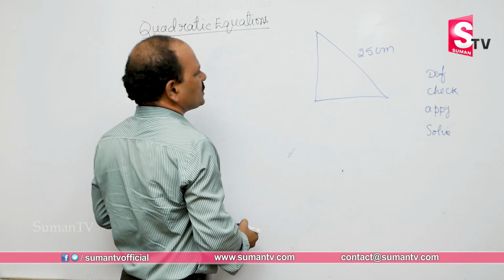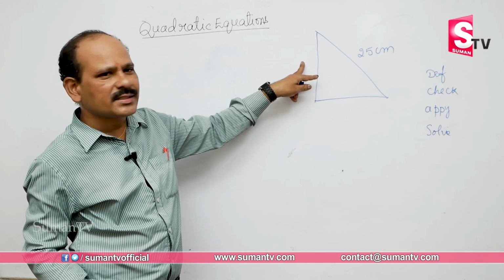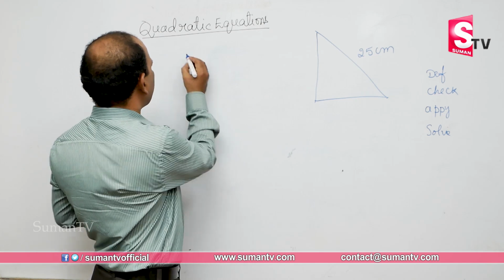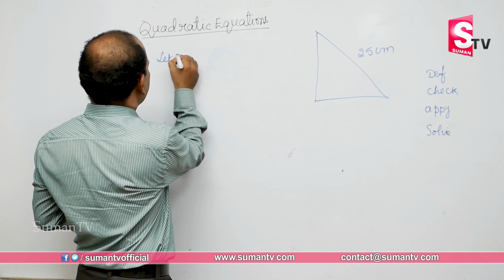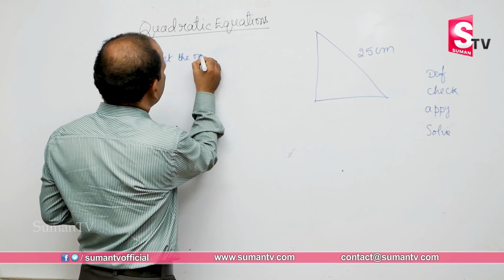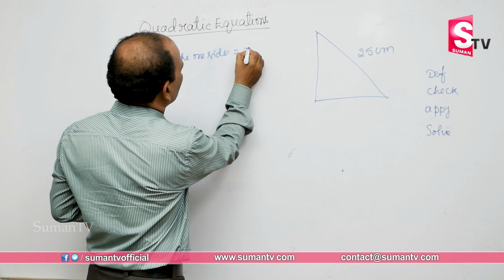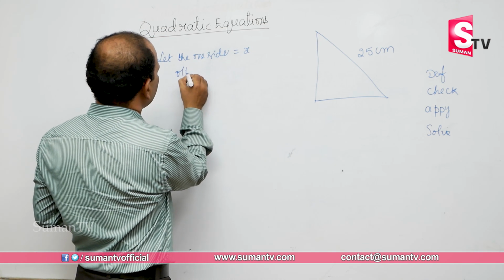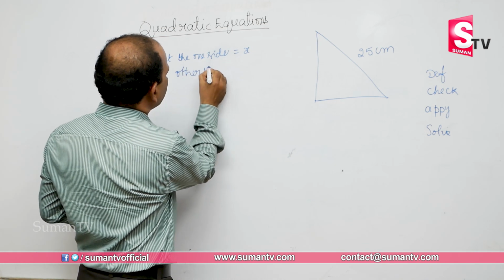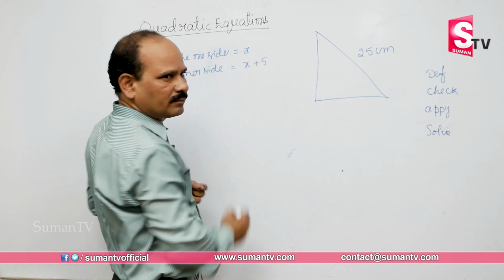centimeters. The difference between the other two sides is 5, so let us assume one side is equal to x, then the other side is equal to x plus 5.